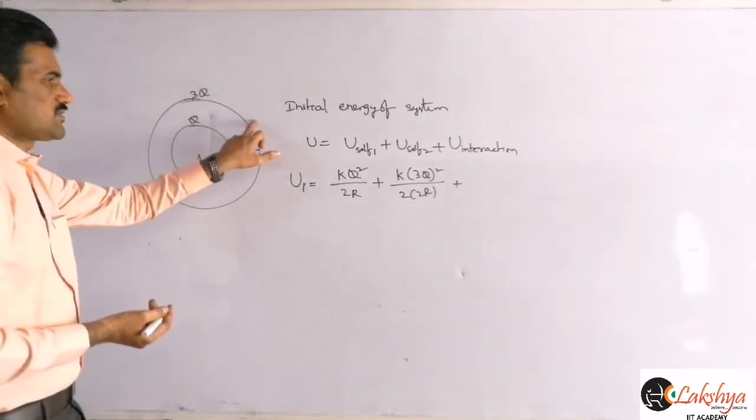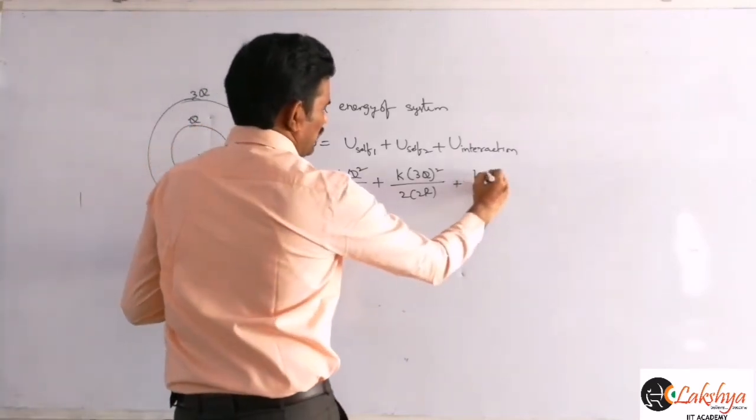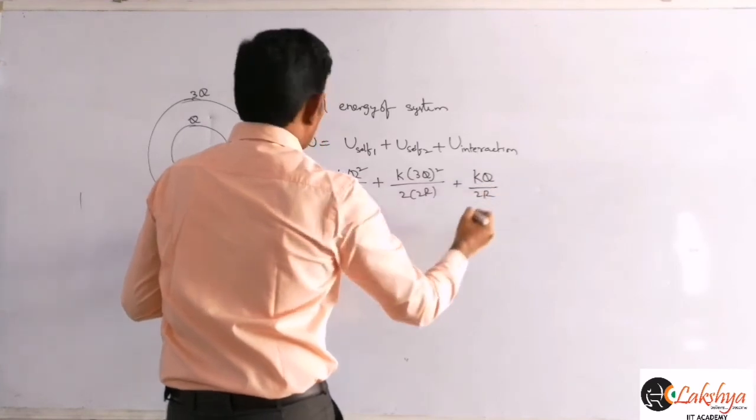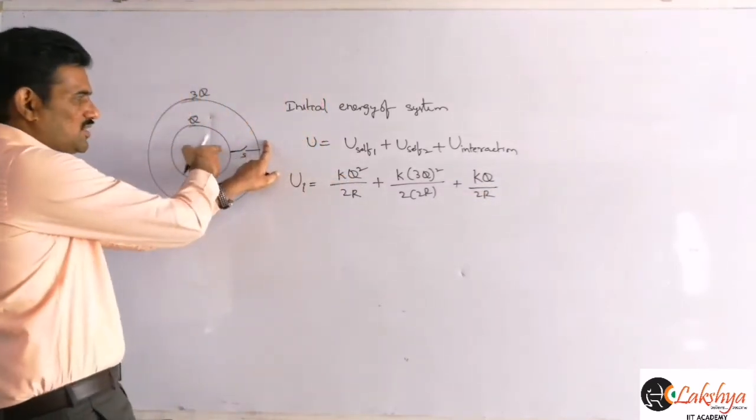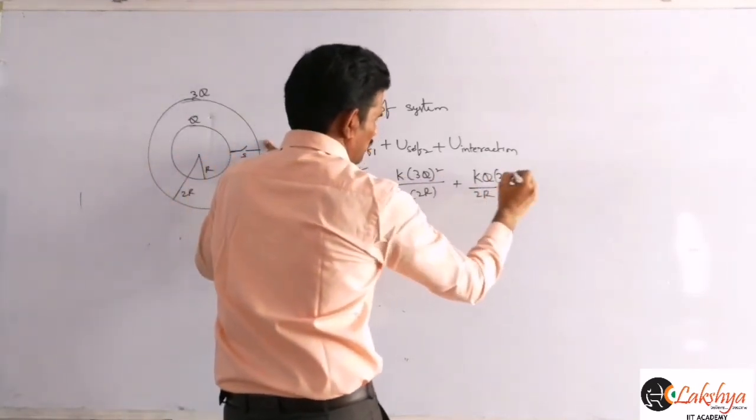Suppose I take the potential at this point due to that charge: kQ/2R is the potential at this point due to this charge. In that potential this 3Q is present, so we multiply by 3Q.